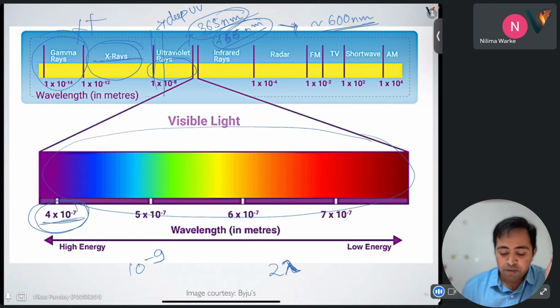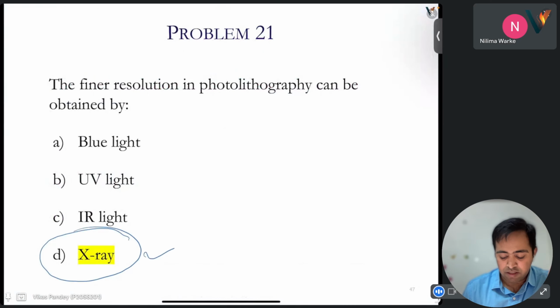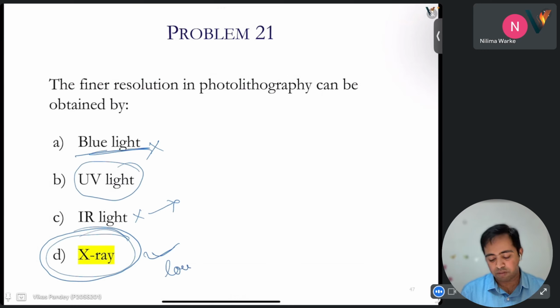That is why the best resolution we can get is using X-ray, because blue light is visible, so it will have higher wavelength. IR light is even higher than visible light, UV light and X-ray. Between these, X-ray has the lowest wavelength.